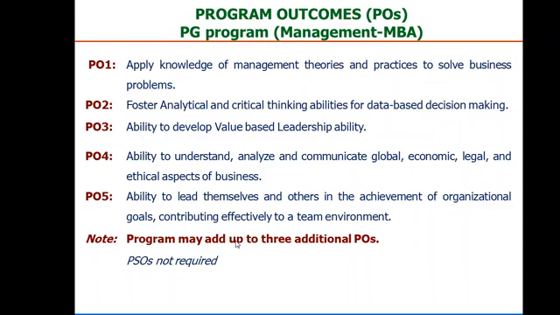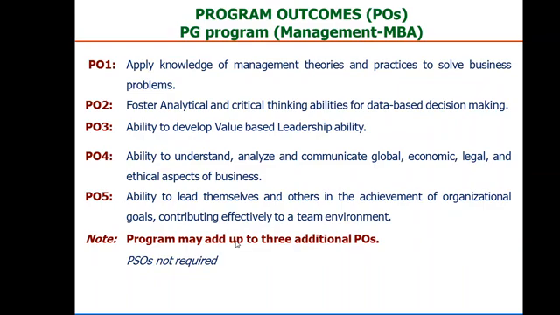PO1, apply knowledge of management theories and practices to solve business problems. PO2, foster analytical and critical thinking abilities for data-based decision making. PO3, ability to develop value-based leadership ability. PO4, ability to understand, analyze, and communicate global, economic, legal, and ethical aspects of business.